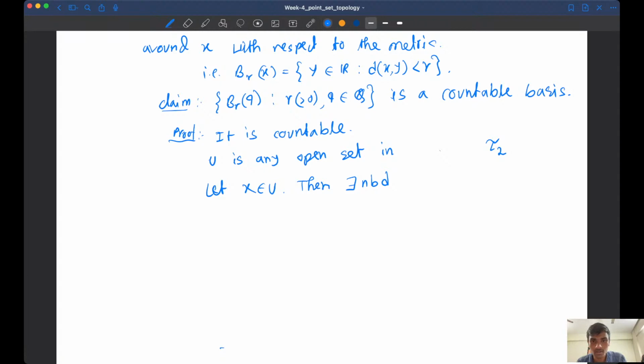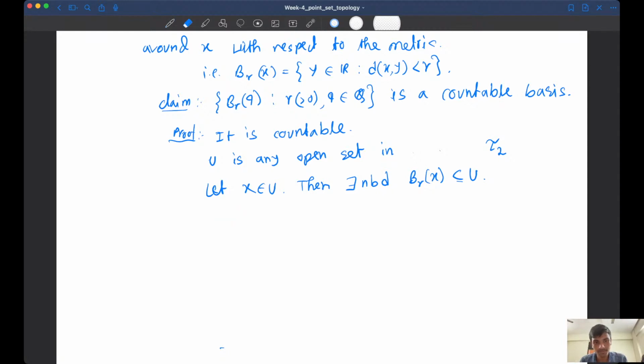Okay, there is a neighborhood B(x, r) contained in U, and here I pick it.